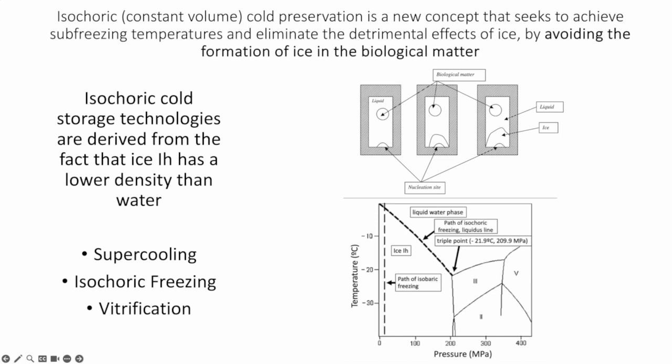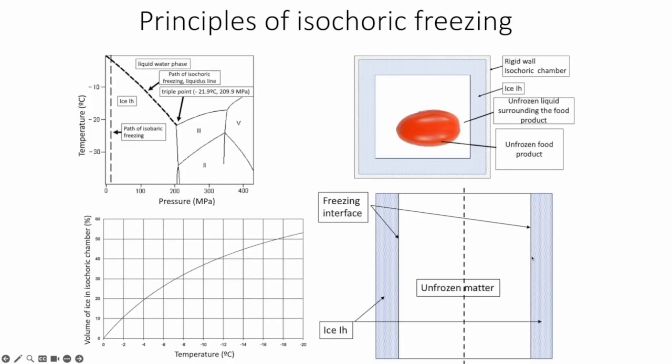So you avoid the damage due to ice formation. And if you look at the percentage of ice at different temperatures, you can see that at minus 20 degrees centigrade, about 50% of the volume is unfrozen. So if you were to keep the cell in this unfrozen volume, it will not experience the mechanical effects of ice, and it will be in thermodynamic equilibrium.